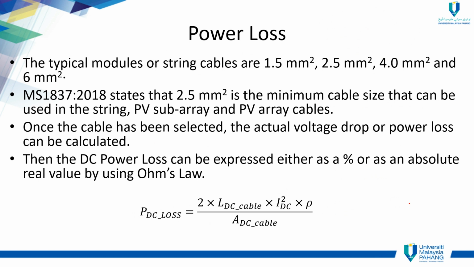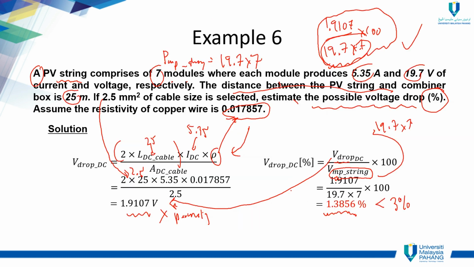Okay, 337. Alright. Next is the power loss. The equation is not that difficult. The difference is very slight compared to the voltage drop. It's the same thing, just that we want to calculate the power loss. The difference is only here: there is a power of 2.